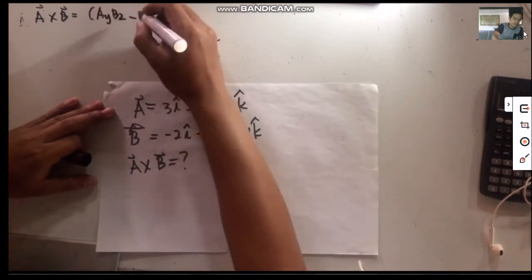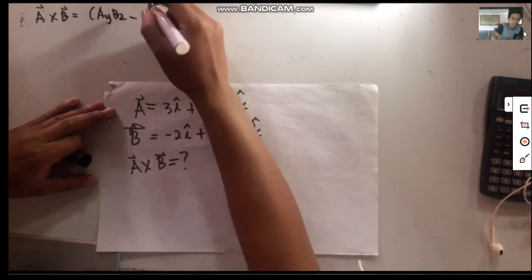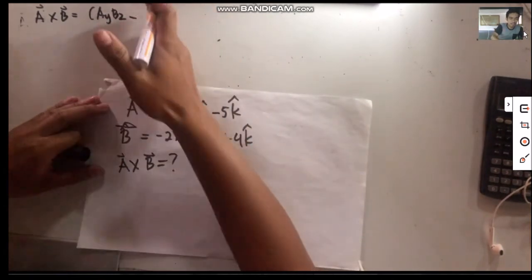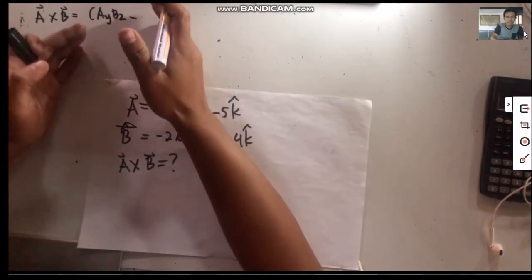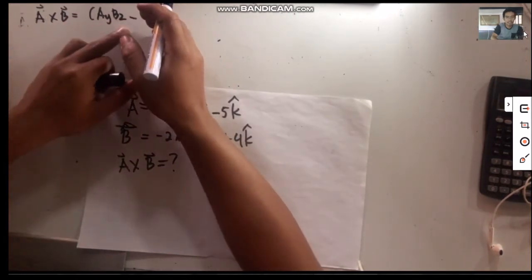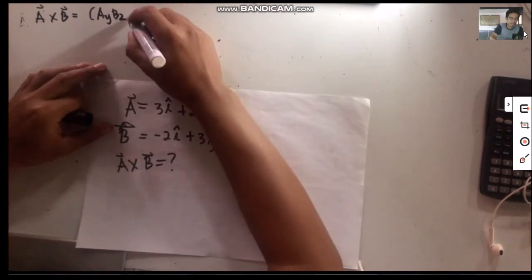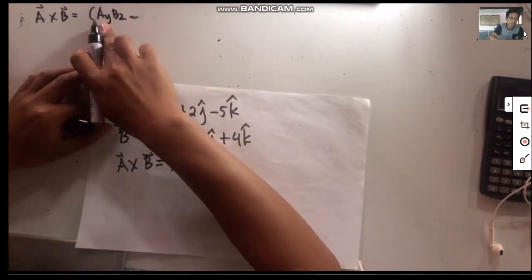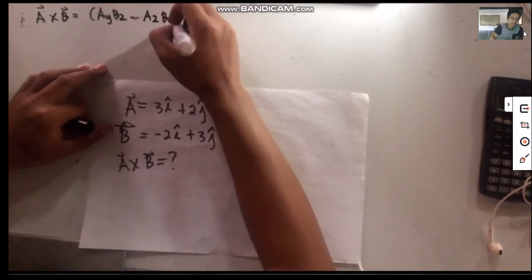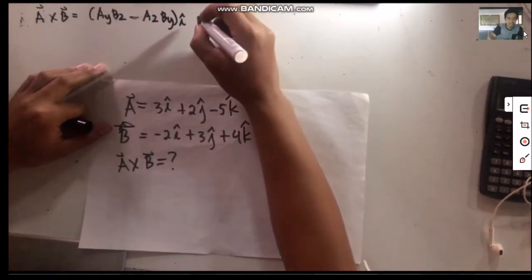That is equal to ay bz minus, since ay bz it's easy to memorize. For the i hat, x component, what's next to x is y, then we have ay, and next to y is z, then we have bz, and then next you have minus az by, then put i hat.